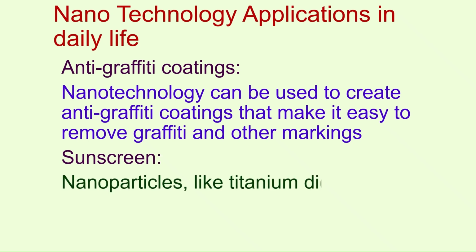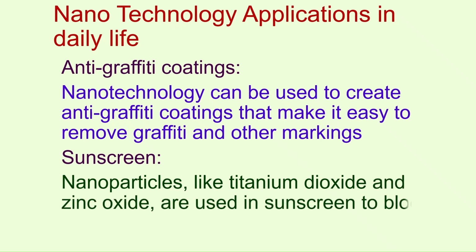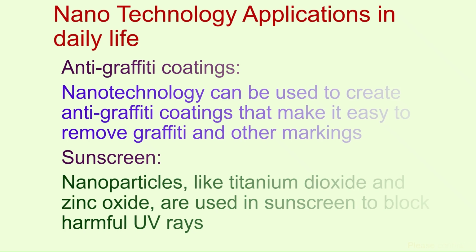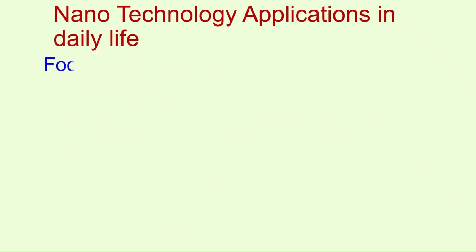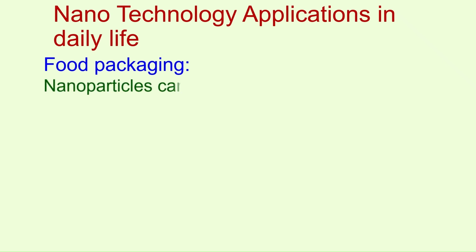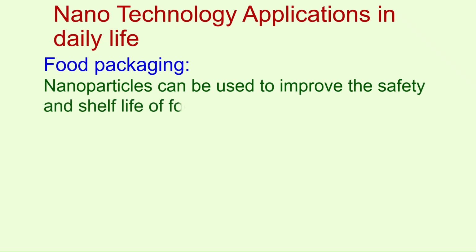Sunscreen. Nanoparticles, like titanium dioxide and zinc oxide, are used in sunscreen to block harmful UV rays. Food packaging. Nanoparticles can be used to improve the safety and shelf life of food packaging.